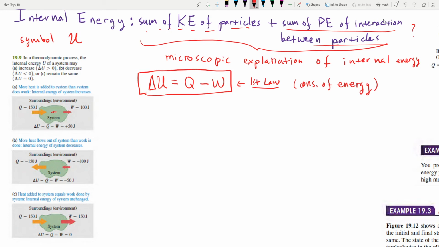It just says that if I have heat that comes in and then I have work that comes out, the difference must be contained within the internal energy of the system and how it changes, basically, right? And how that is represented is maybe the system's temperature increases. Maybe something else happens between the particles, like maybe the pressure goes up so much, right, that the potential energy interaction between the particles goes up without the temperature changing in some way.